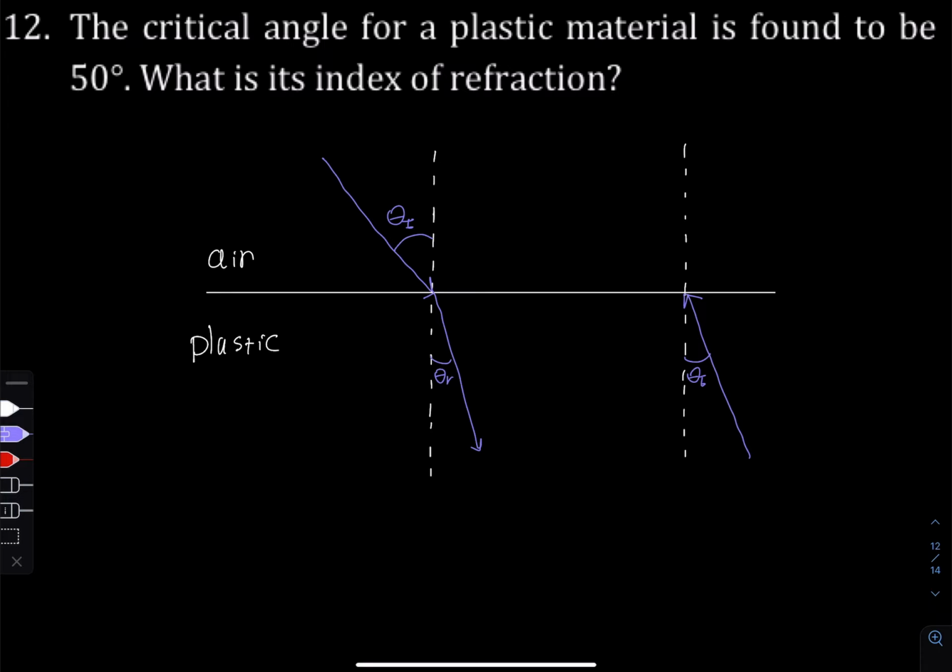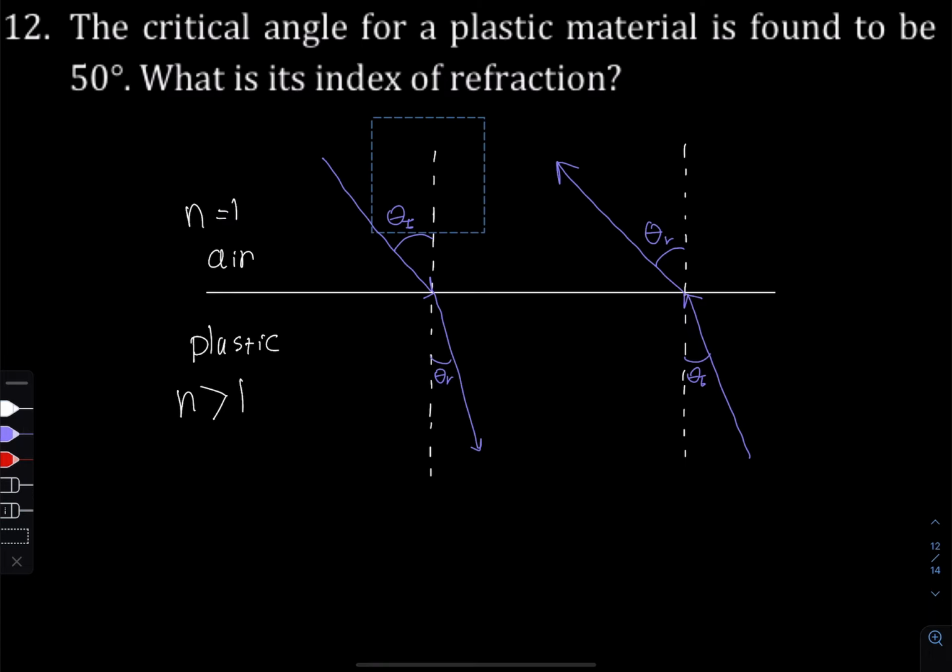But in this case, since the index of refraction of air is lower than plastic, because this n is basically 1, and the n here is bigger than 1, this angle is actually going to increase. Or that should be r, refraction. Let's delete this left side scenario. We don't need it anymore.